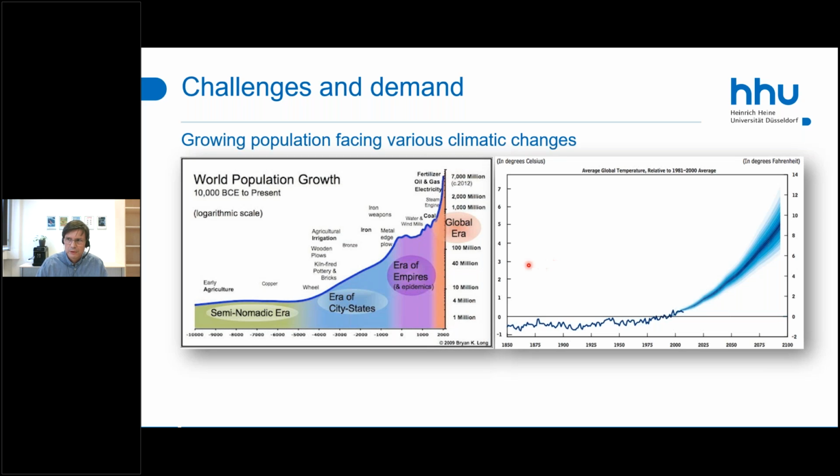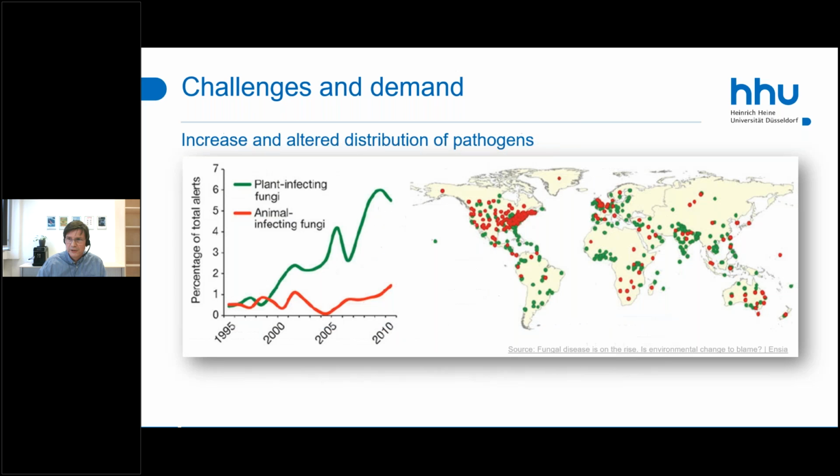So I'm sure you all are aware of, on one hand, we have an exponentially growing world population. And this, of course, is accompanied by a demand for producing more food. But at the same time, what we also observe is a severe change in climate. And this is accompanied by the fact that, for example, fungal diseases are spreading and increasing.